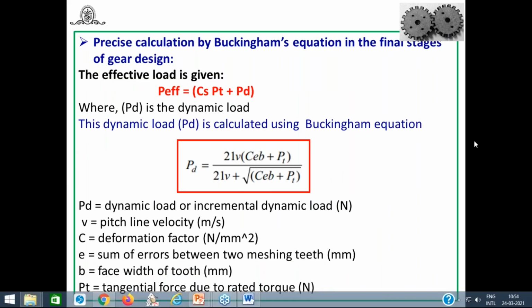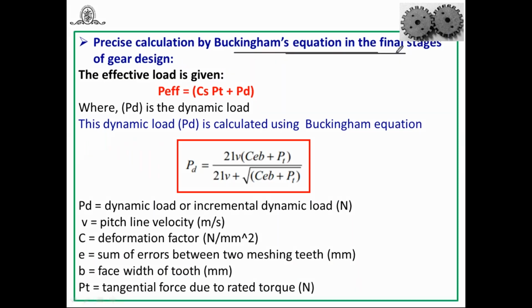Now here, Buckingham's equation in the final stages of design, so we have to calculate the dynamic load. And again here, P effective is also going to change. For the velocity factor, P effective used in the first case is P effective equal to CS upon CV into PT.